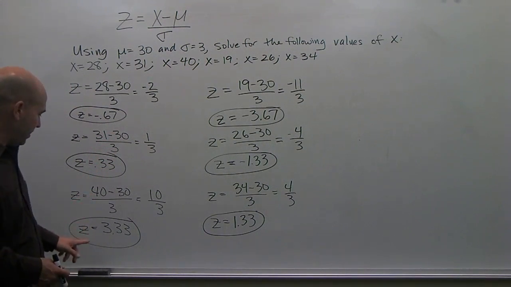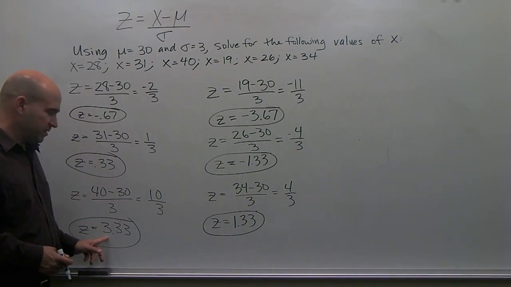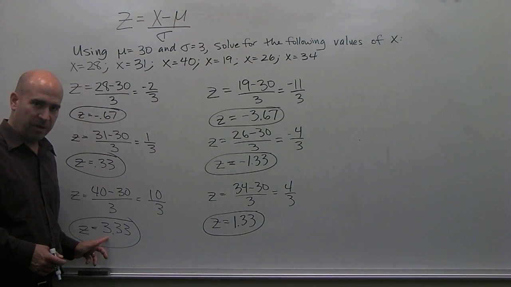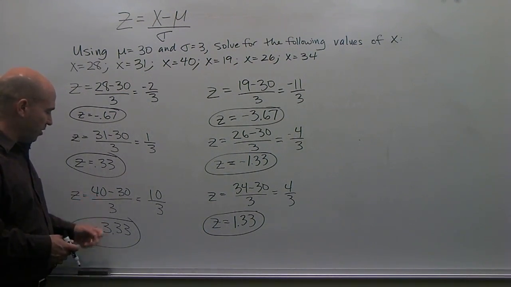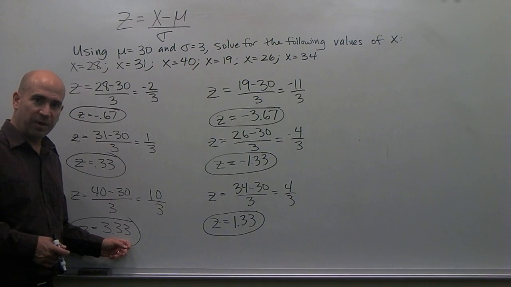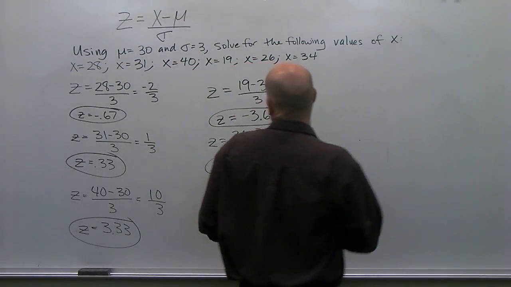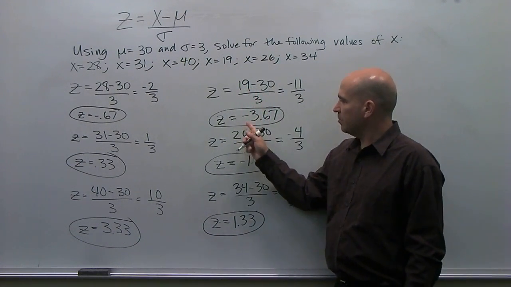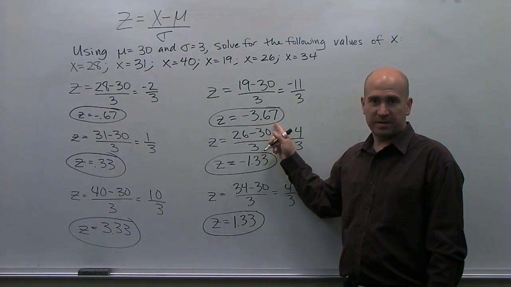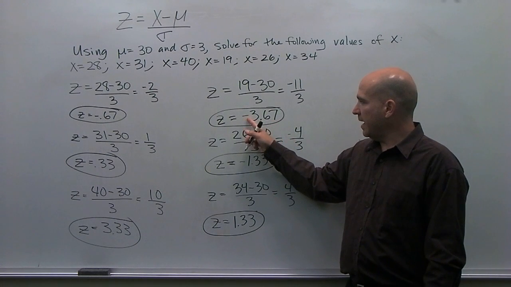Here, a score of 40, an x of 40 produces a z of 3.33. So that means an x of 40 is 3.33 standard deviations above the mean. Here, an x of 19 resulted in a z-score of negative 3.67.